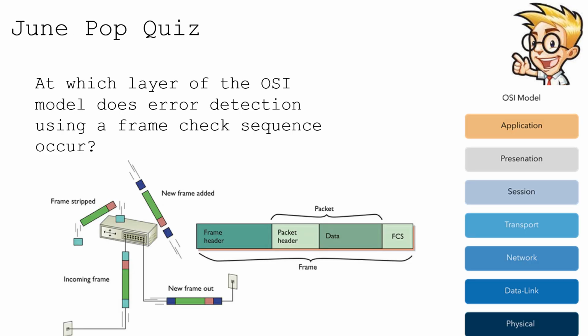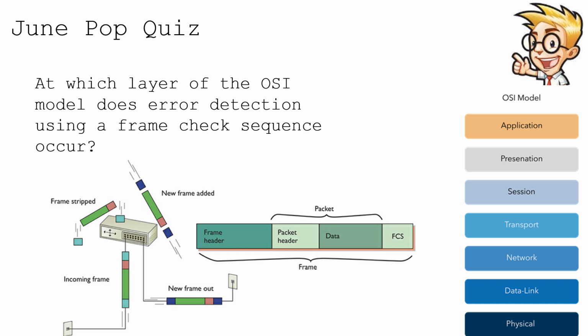So question number 1. At which layer of the OSI model does error detection using a frame check sequence occur? So if any of you remember my chapter 1 video that I made on YouTube, it talks about headers and trailers and how they get stripped and redirected going through switches.